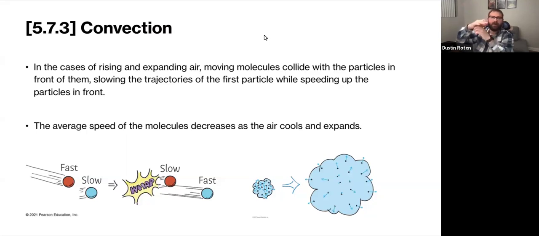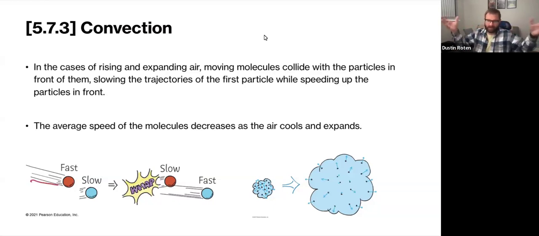You can think of it like a bunch of people in a conga line. When the first person stops, no one else knows it, so they all just sort of get jumbled up. They eventually stop, but the first one might still get smacked and pushed away. But everything else back there is going to run into one another and slow down. That's the whole idea of what's going on as the air cools and expands.